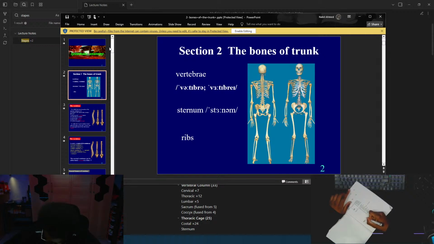So vertebrae, which include the cervical, thoracic vertebrae, and then the lumbar, and then you've got the sacrum.